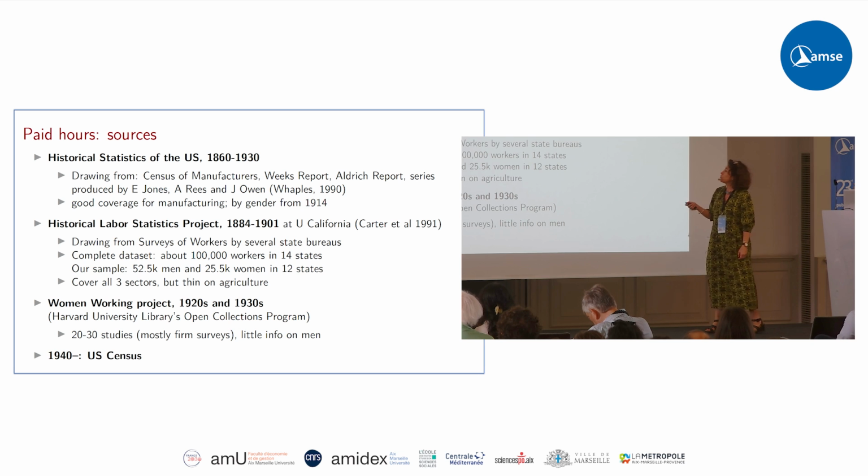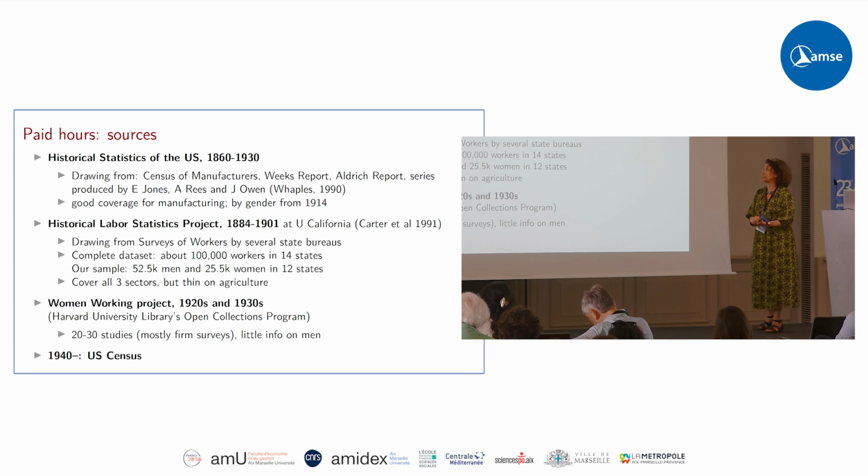So one key source is the historical statistics of the US, which starts in 1860 up to 1930, and this itself is drawing from other several surveys, the Census of Manufacturers, and many other reports quoted there, which were mostly serving the manufacturing sector. Actually, the coverage for manufacturing is fairly good.